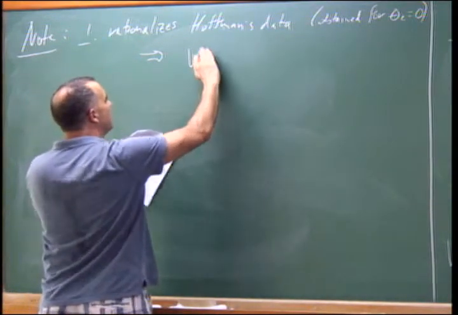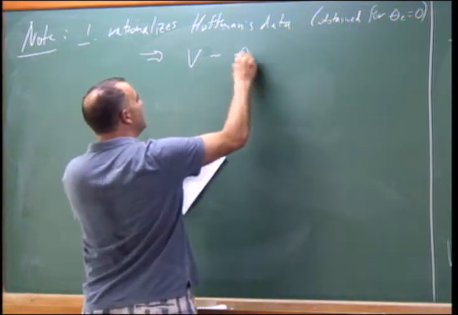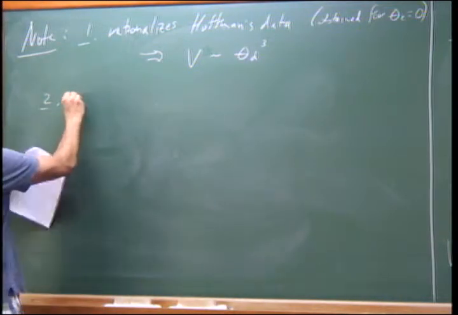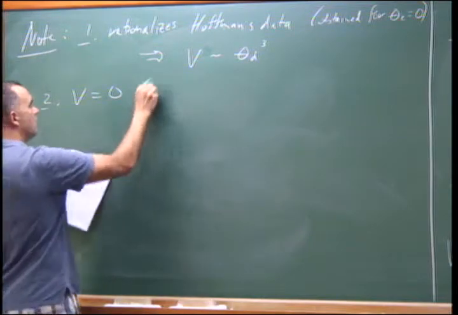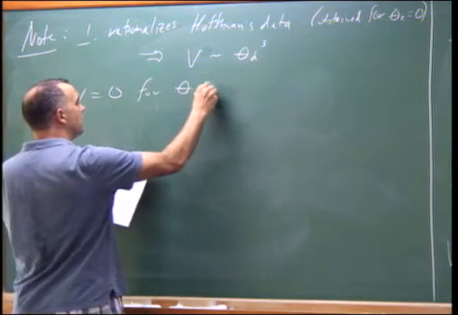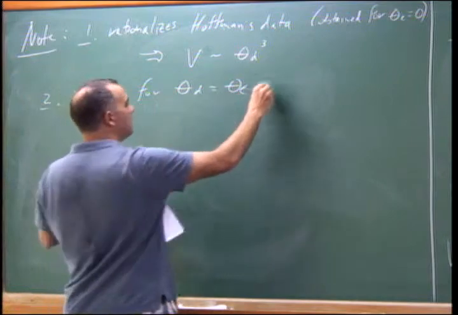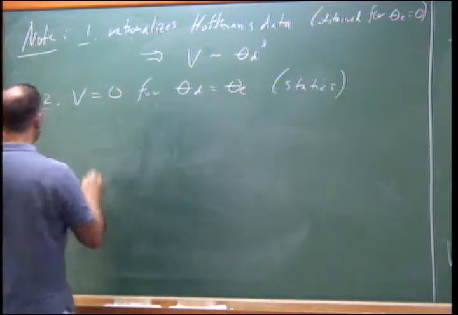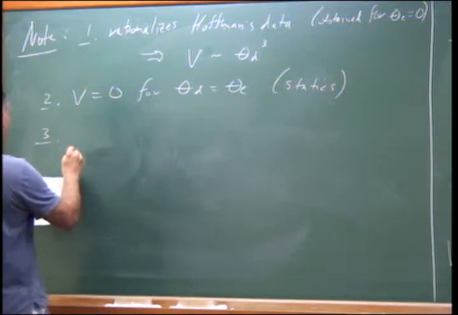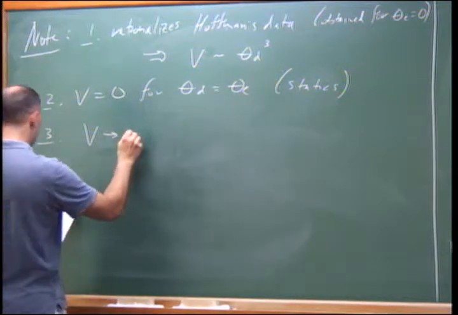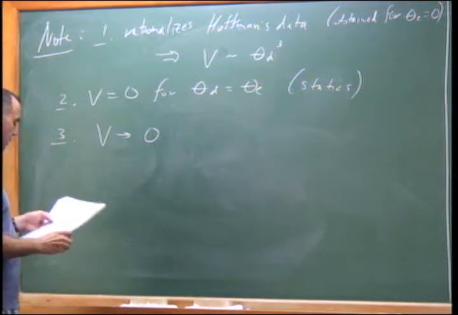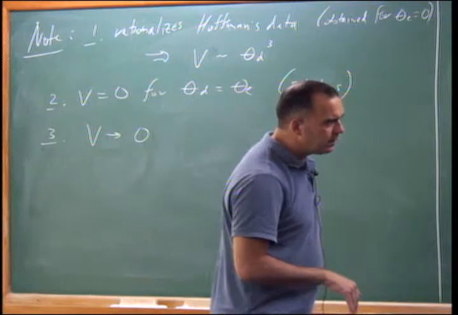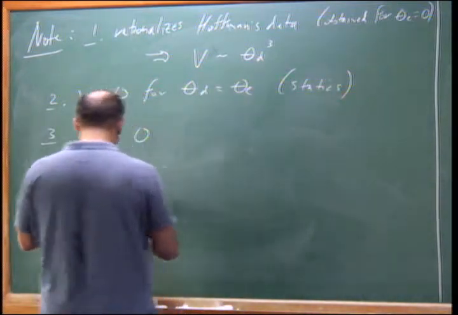The speed goes as the dynamic contact angle to the third power. Second thing we see, of course, is V equals 0 for theta D equals theta E. You also see that the velocity goes to 0 as the dynamic contact angle goes to 0, because you're then getting huge dissipation in the contact line.